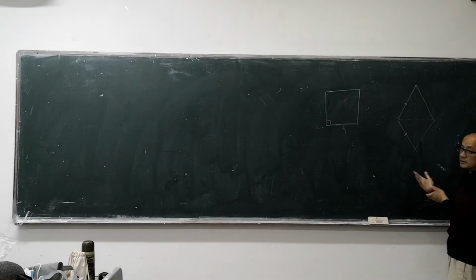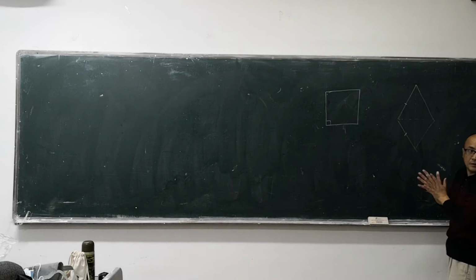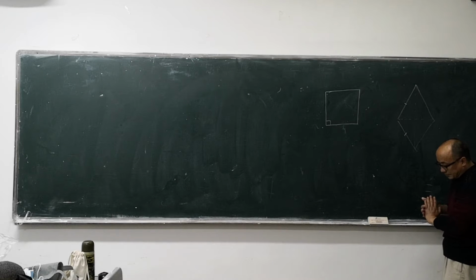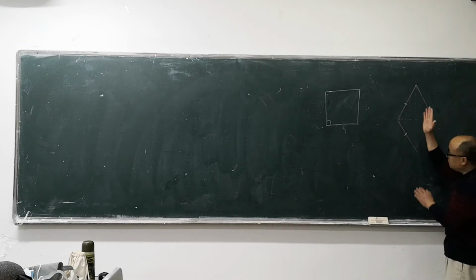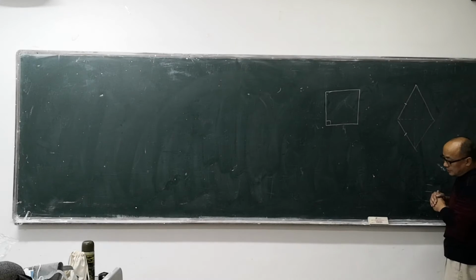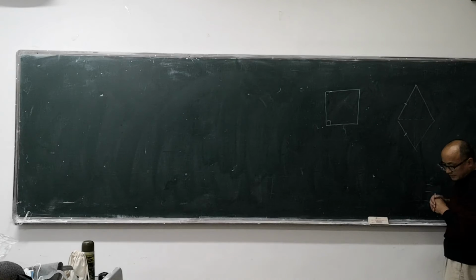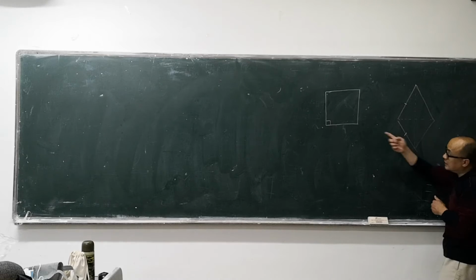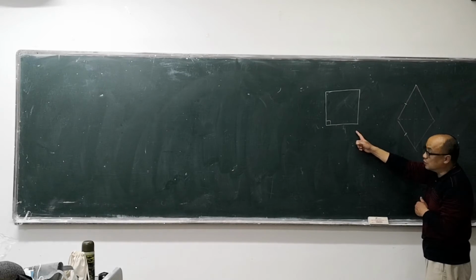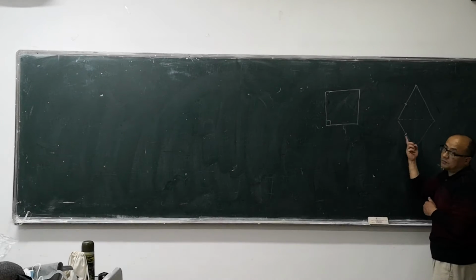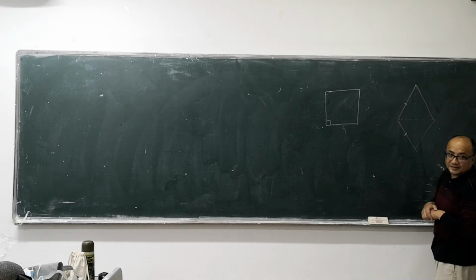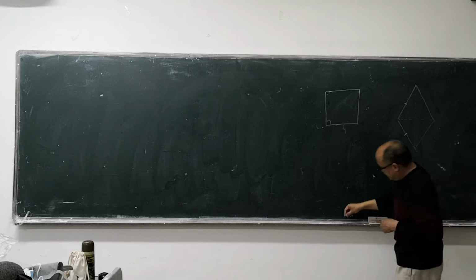And the question is, the diagonal is vertical, to prove it. If this is true, then this is definitely true because this also belongs to this, a special case.